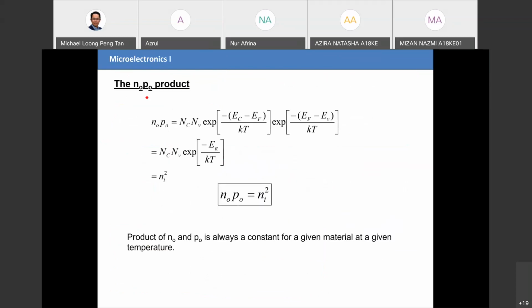If you multiply NO and PO together, you get another term called NI squared, which we have already done. This is another term that you have to remember. This is important because later for your chapter 4 and chapter 5, you have to use NO times PO equals NI squared. The product of NO and PO is always constant for a given material at a given temperature.